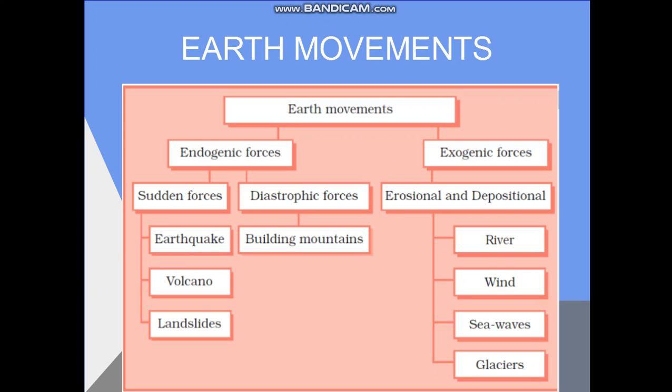Sudden forces are further divided into earthquake, volcanoes, and landslides. Diastrophic forces are like building mountains. Let us come to exogenic forces. Exogenic forces are erosional and depositional. Erosional and depositional forces in the sense the work of rivers, wind, sea waves, glaciers.